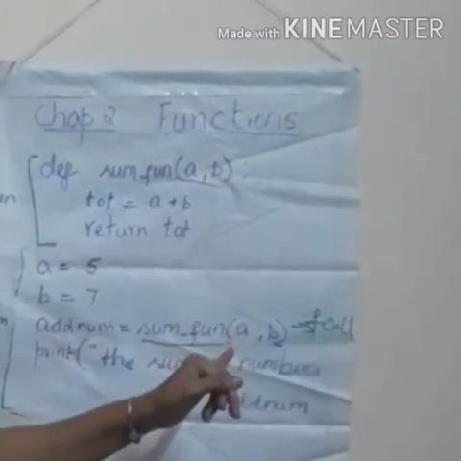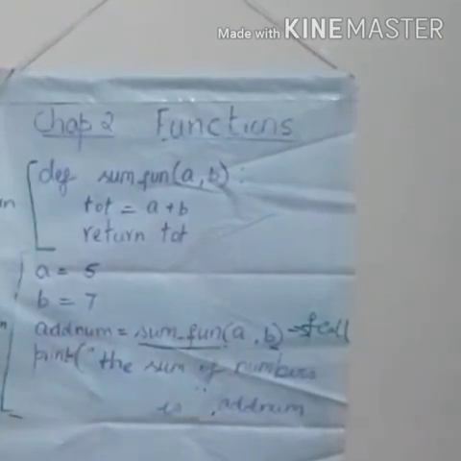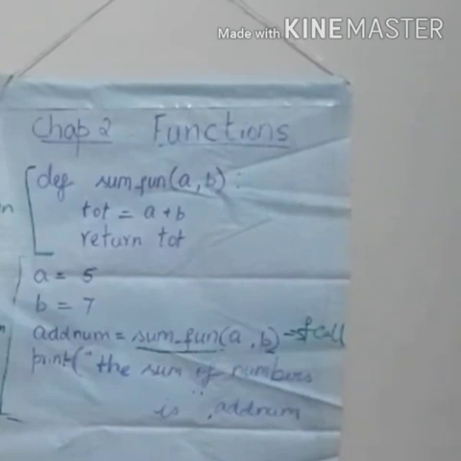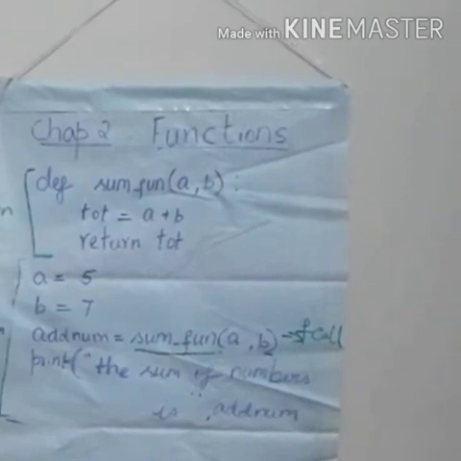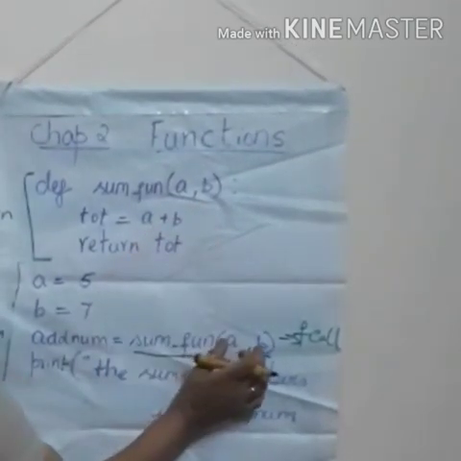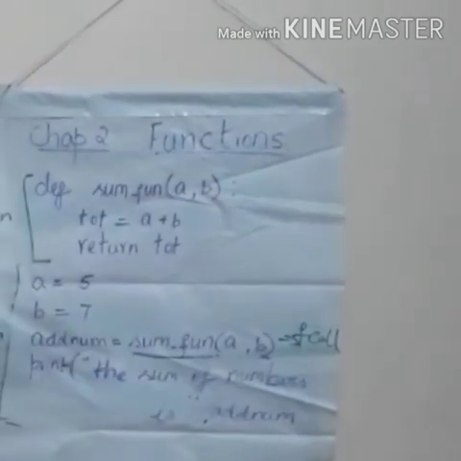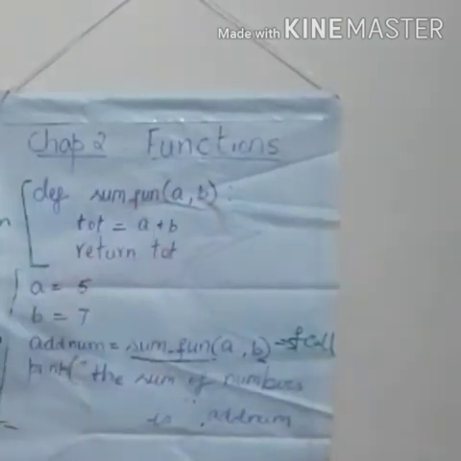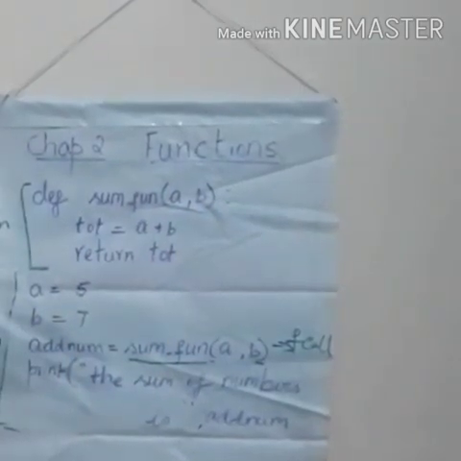The second one is the default argument. Now what is a default argument? Here you don't want to always pass two numbers. You want to keep your b always fixed, that is 10.